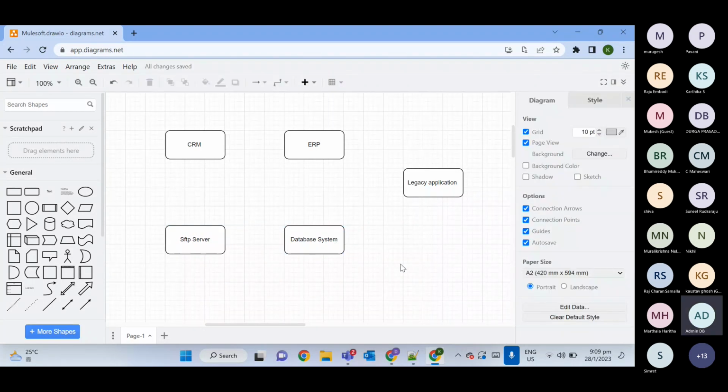I just took four or five examples, but in actuality there will be more systems. So you can see here we have a heterogeneous system.